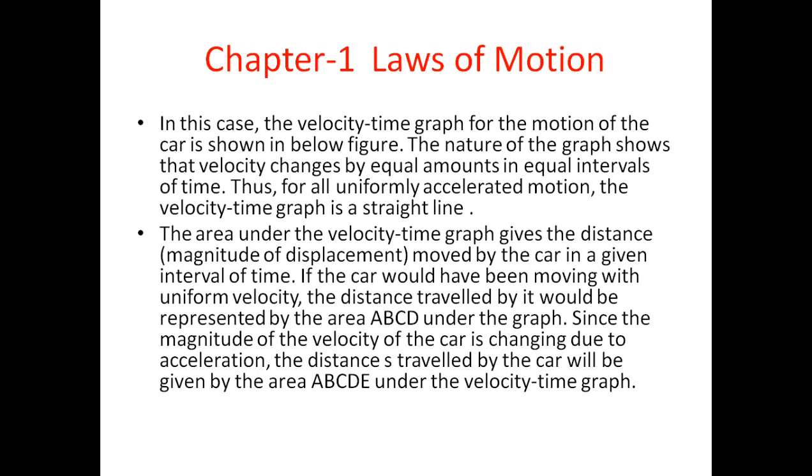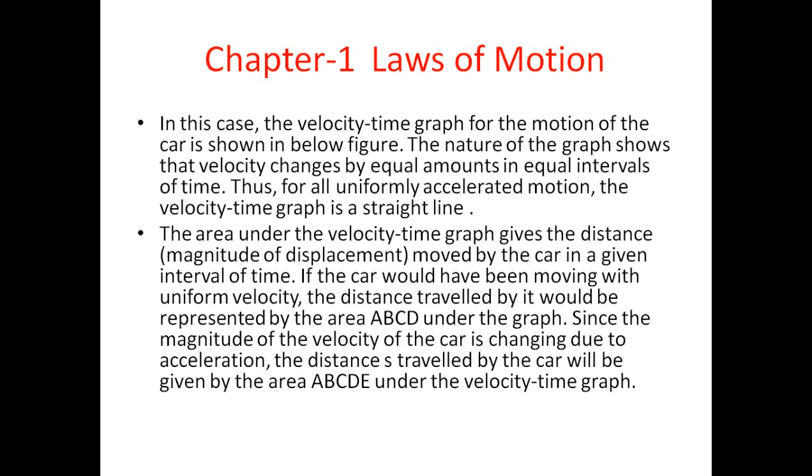The same example is given in the video also, whatever is given in your book. The velocity time graph for the motion of the car is shown in the figure. The nature of the graph shows that the velocity changes by equal amounts in equal intervals of time. There is a change of velocity. Why are we saying that the body is moving with uniform acceleration, because the term we are using is uniform.